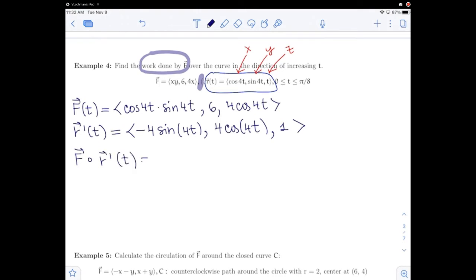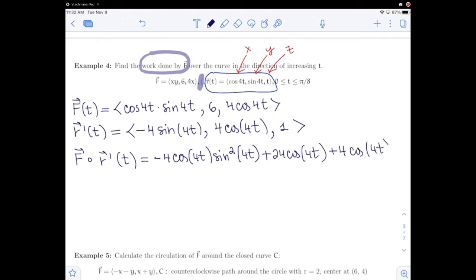All right, so the dot product, what do we get here? We get negative 4 cosine of 4t sine squared of 4t, plus 4 times 6, that's 24 cosine of 4t, and then 1 times 4, that would be 4 cosine of 4t.